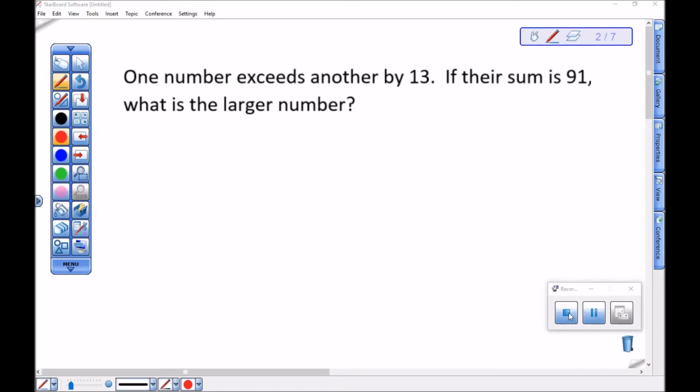It doesn't matter which one you know the least about, but from my point of view, I think another number here is the one I know the least about, because I know something about the one number. It exceeds another number by 13. So I'm going to let my variable, I'll be pretty unoriginal, we'll pick x. So x is going to be another number.